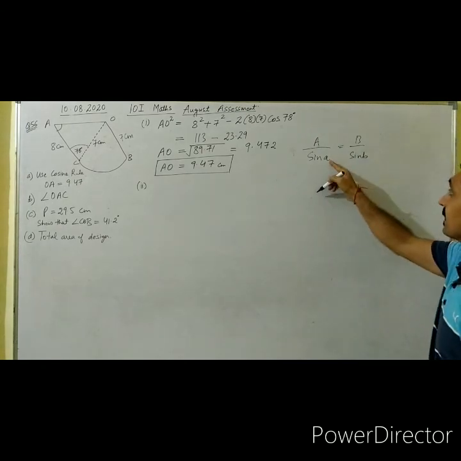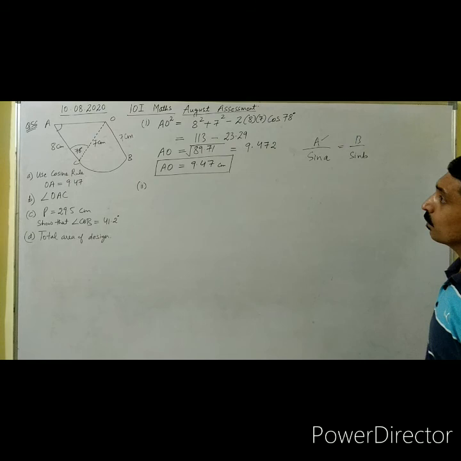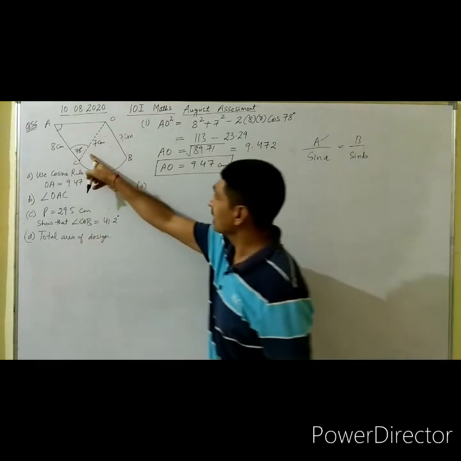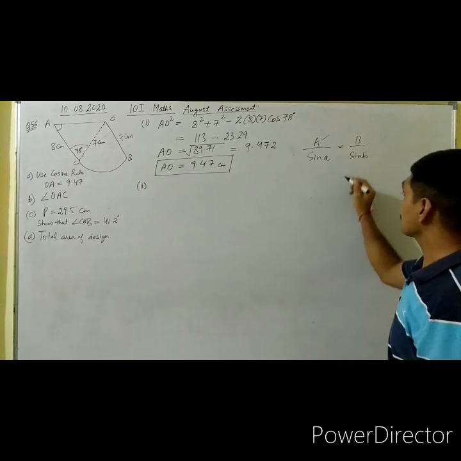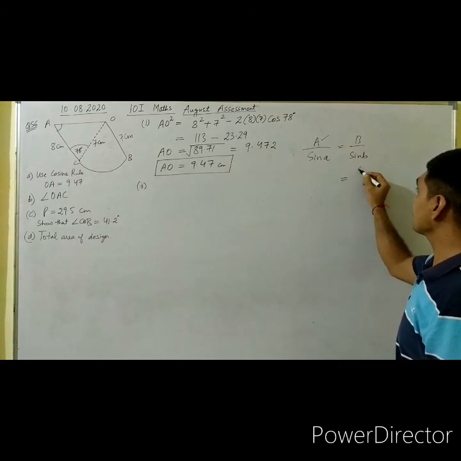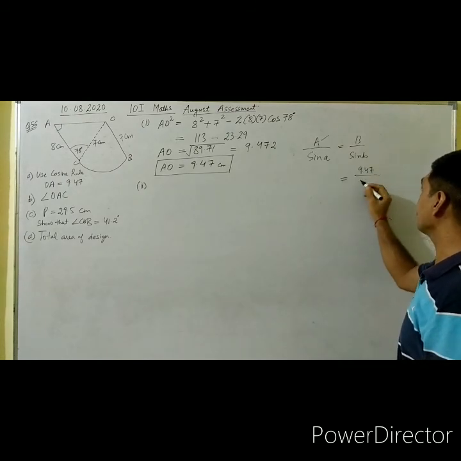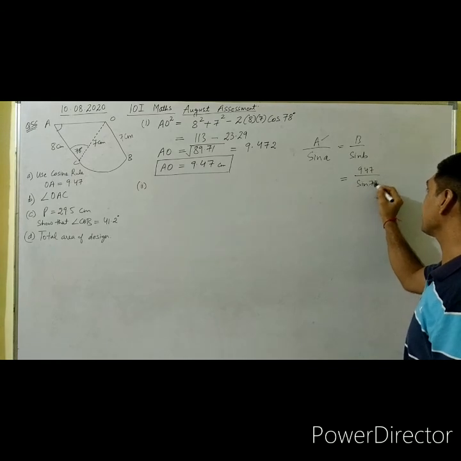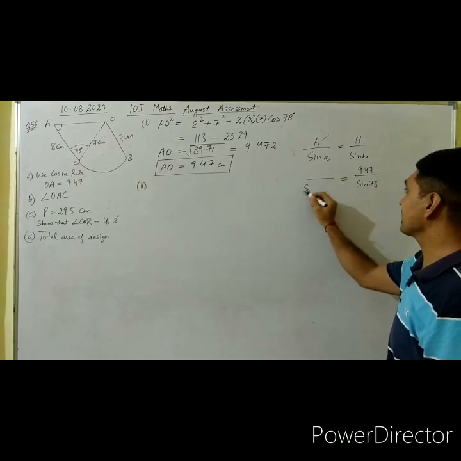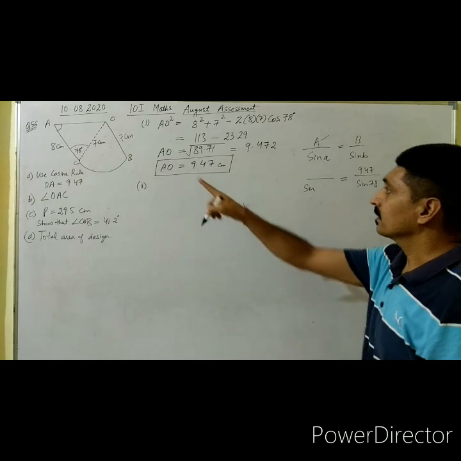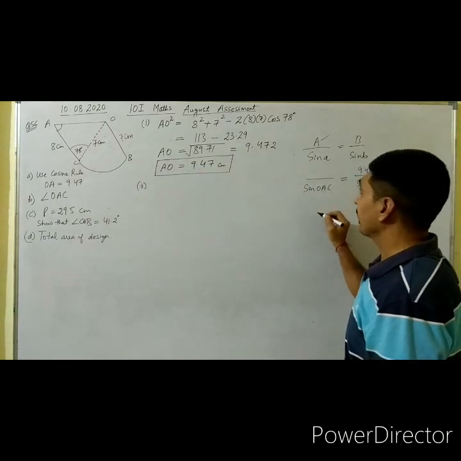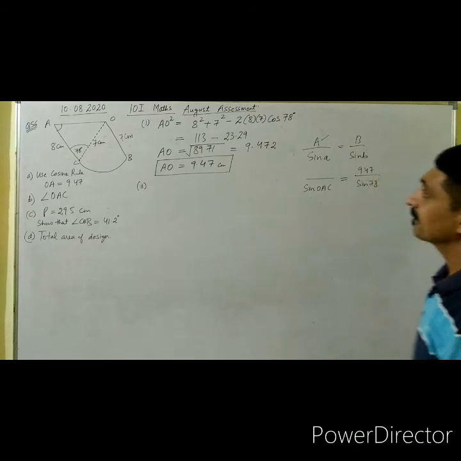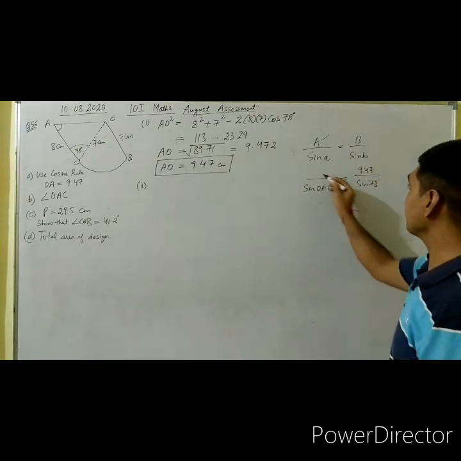So here this angle 78 and the side OA is given. So we can write 9.47 upon sine of 78, and here sine of angle OAC and the side, that is 7 here.